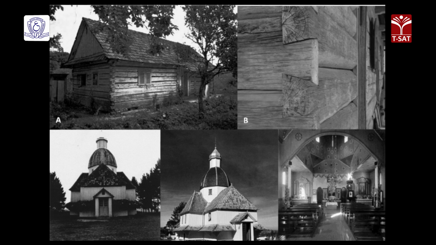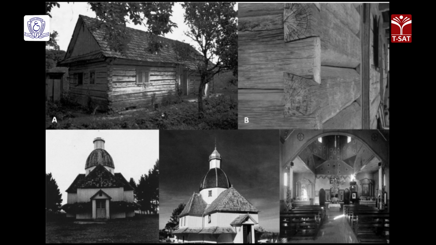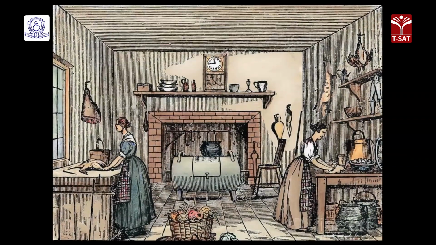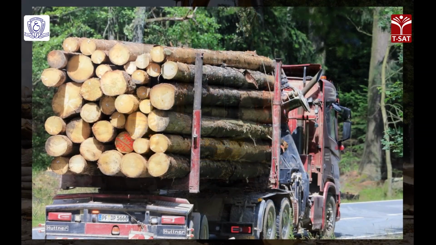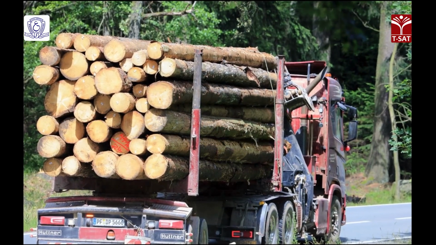The second ring, von Thunen believed, would be dedicated to the production and harvest of forest products. This was because in the early 19th century, people used wood for building, cooking, and heating. Wood is bulky and heavy and therefore difficult to transport.